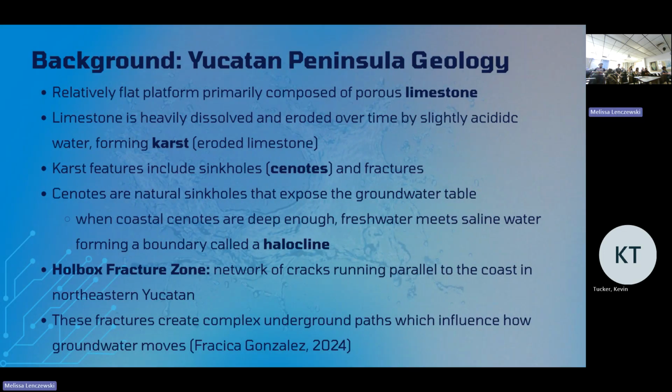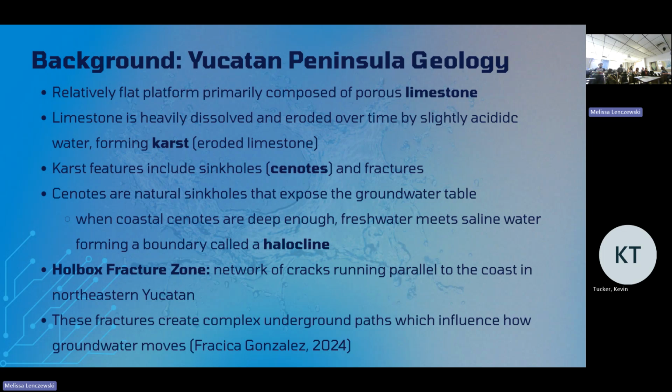To start with the Yucatan Peninsula geology, the Yucatan Peninsula is relatively flat and primarily composed of porous limestone. This limestone is heavily dissolved and eroded over time by slightly acidic water, which forms karst. This karst features cenotes and fractures.